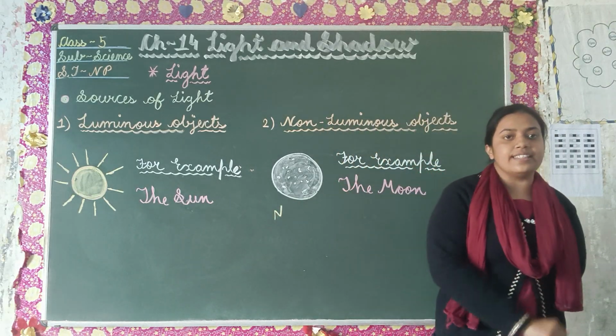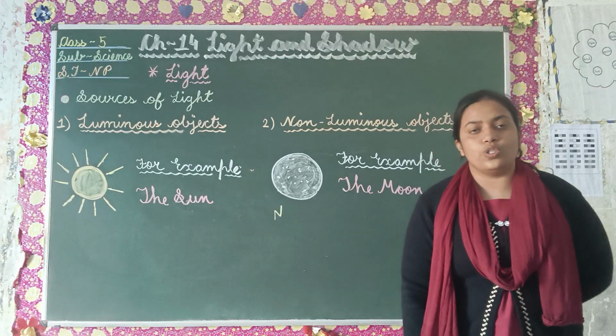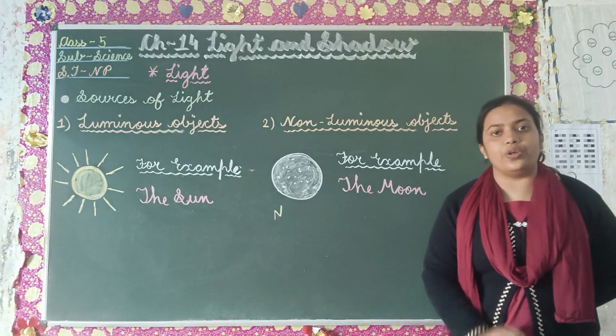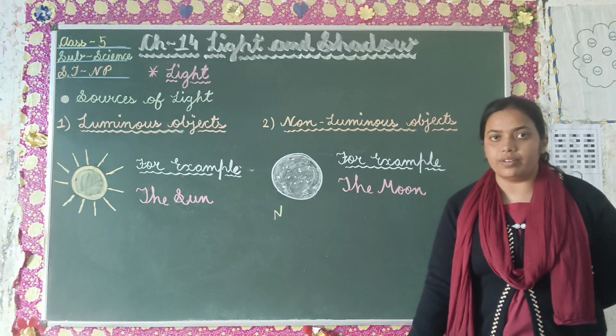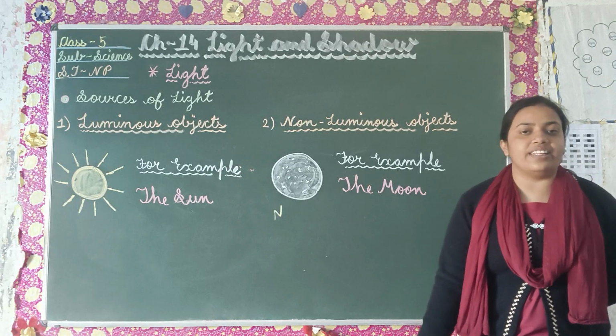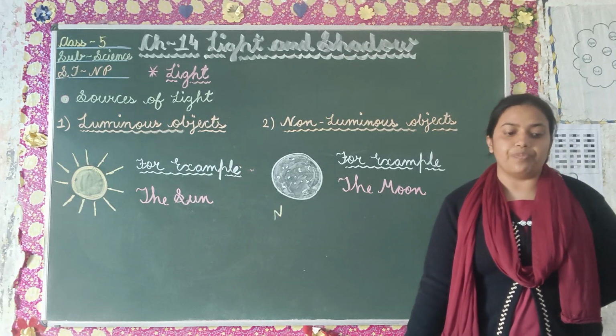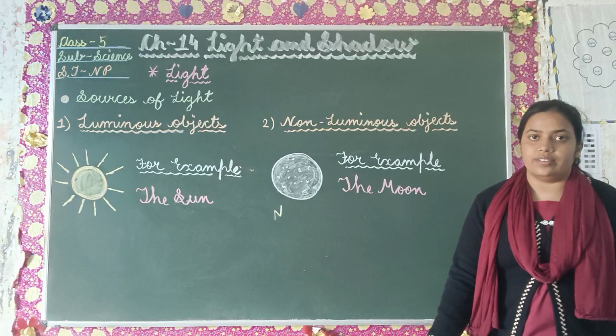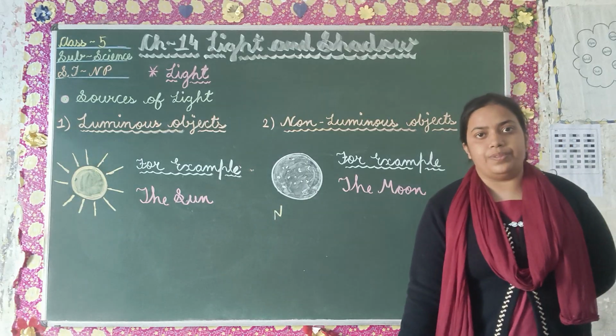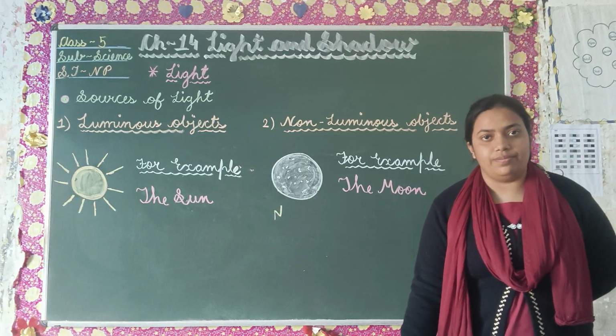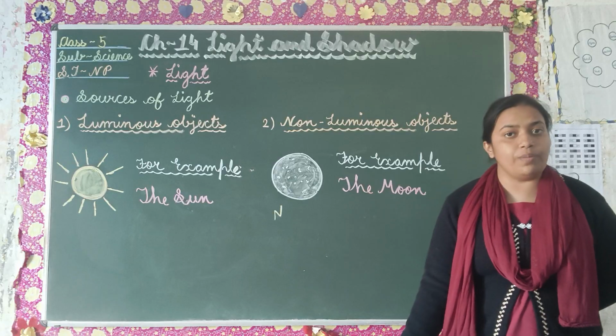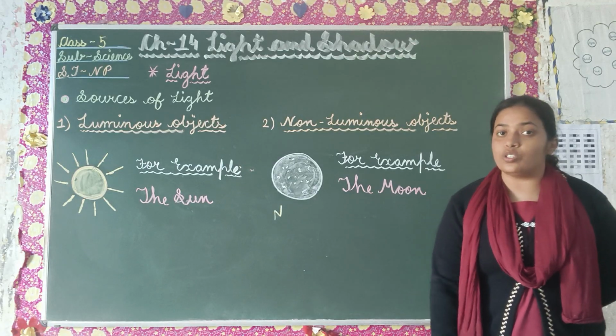Next is candle. Students, is a candle natural or human-made? It is human-made. So that's why you will write H there. Next is earthen lamp, that means diya. It is a human-made source of light.